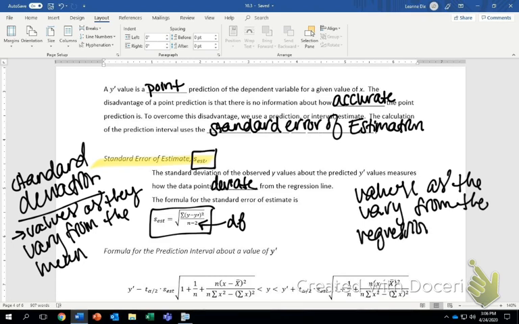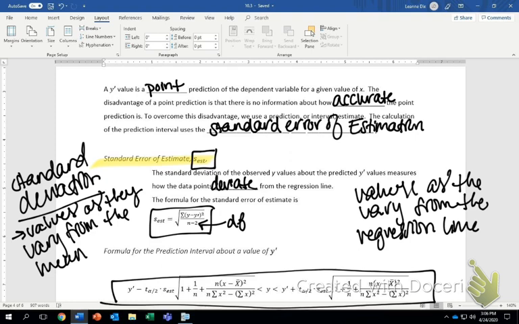Okay, so these are the same idea, but one varies from your mean and the other one varies from the regression line. So as I said before, the standard error of estimation can be a specific point or it can be an interval, and so that interval is given to you down here. So let's just practice this really fast.